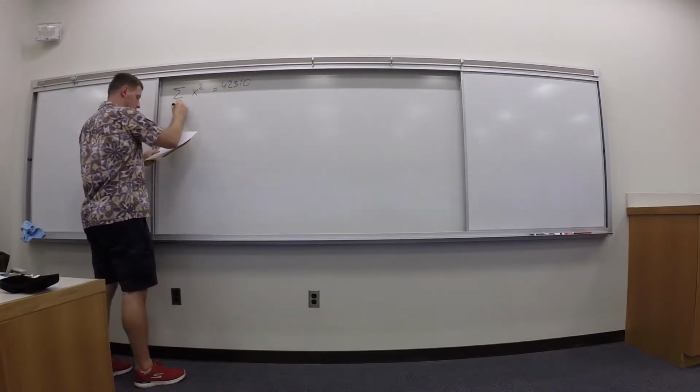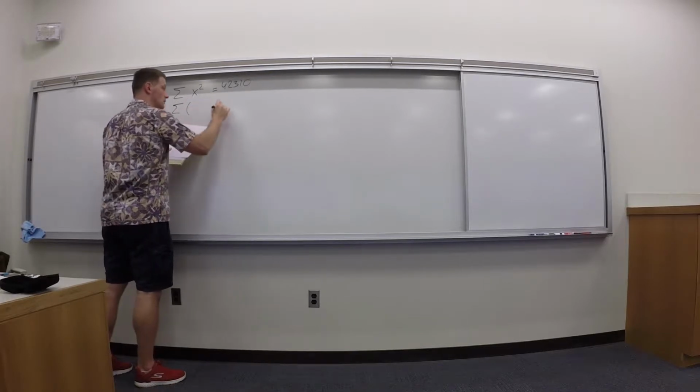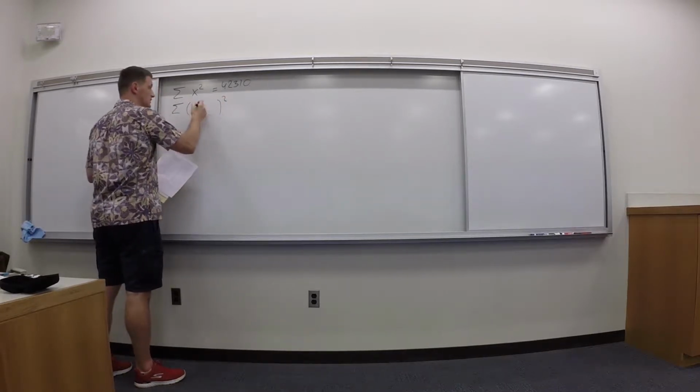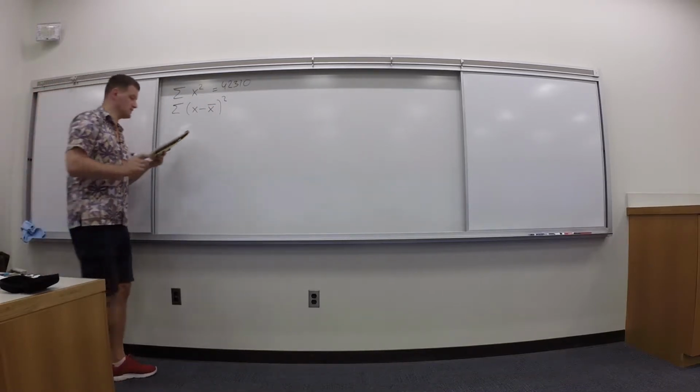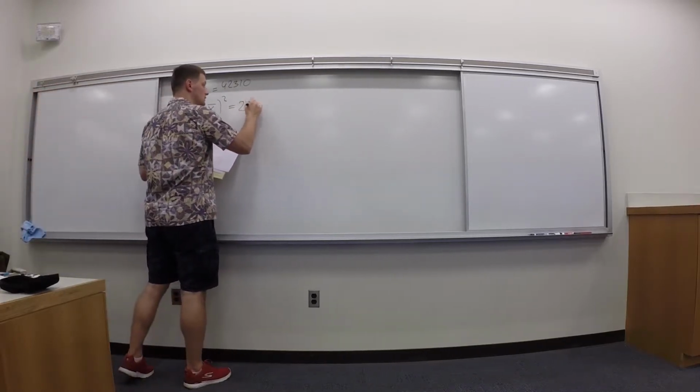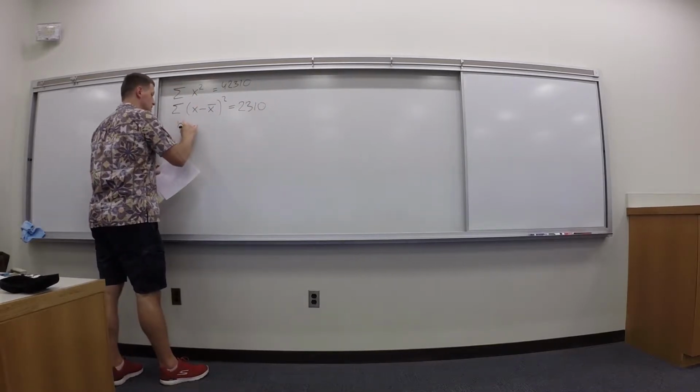And we know that the sum of squared deviations from the mean, which is this, is equal to 2310. And we know n is equal to 100.